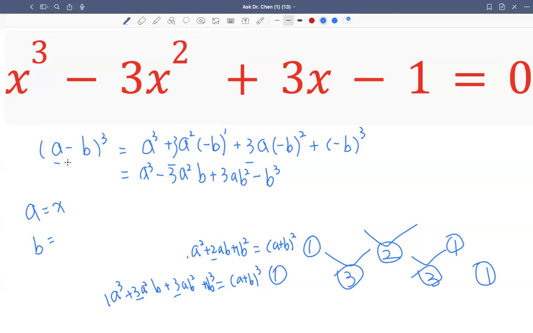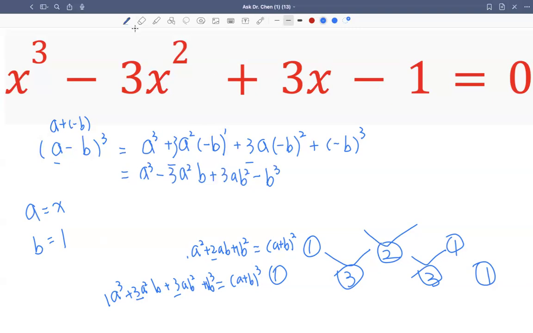Well, a minus b is a plus negative b, right? So my first term is a, the second term is negative b. So in this case, b equals 1. That's why we have a cubed, which is x cubed, minus 3a squared, because b is just 1, then plus 3a times negative 1 squared, still 1, then minus negative 1 cubed, still negative 1.